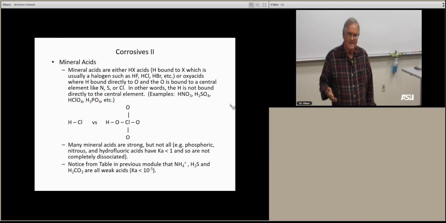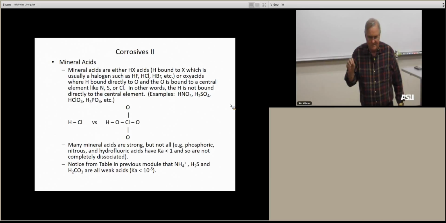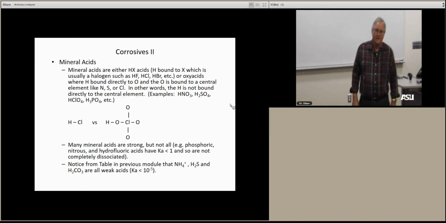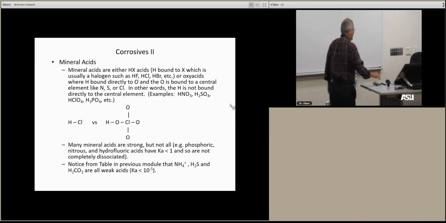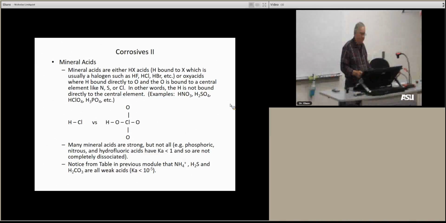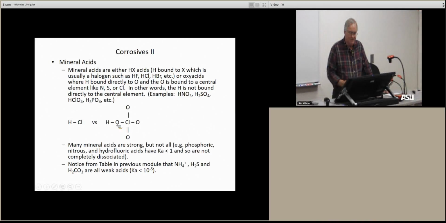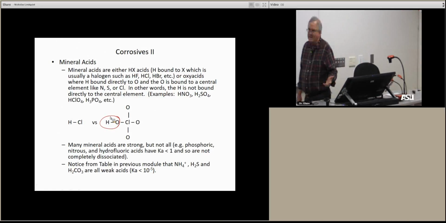An oxy acid is one where you have a central element that's bound to oxygen, and then the hydrogen is bound to oxygen, not to the central element. So here, for example, is perchloric acid, okay? The actual bonding of perchloric acid is that you have a chlorine in the center, but the chlorine is bound to the oxygen, and then the hydrogen is bound not to the chlorine directly, like an HCl, but it's bound to the oxygen, which is bound to the chlorine.